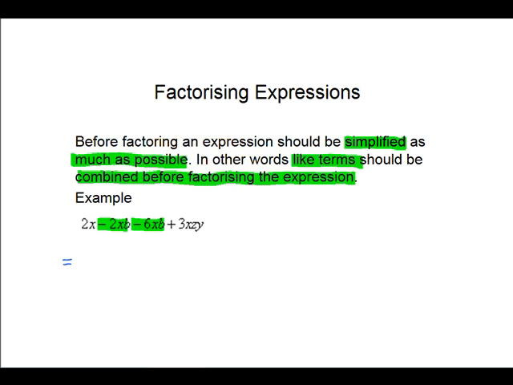So combining the like terms, we'll have the 2x minus 8xb plus 3xyz. Now the x is common, so we can take that out. That's a common factor. And essentially write down what's left.